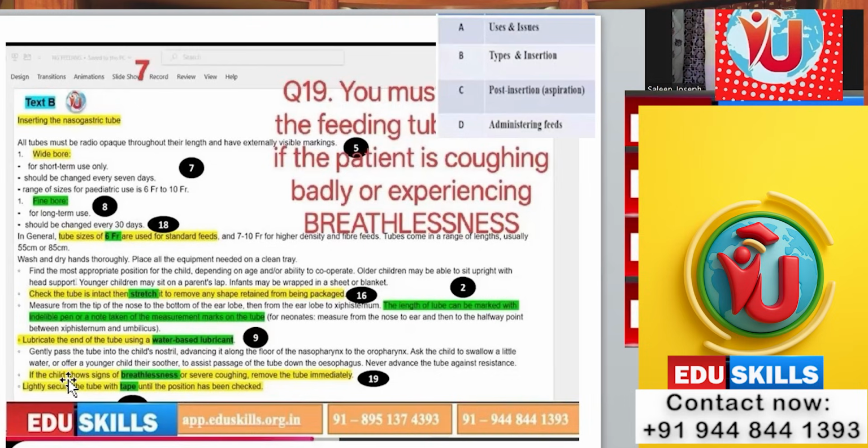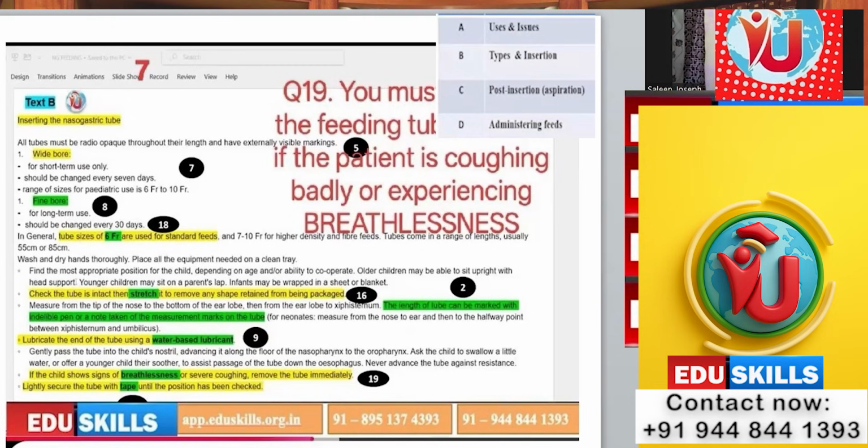So the 19th answer is written here: if the child shows signs of dash or severe coughing, remove the tube immediately. So this is a paraphrasing of you must take out the feeding tube at once. Severe coughing, remove the tube immediately is the paraphrasing of that sentence, isn't it?